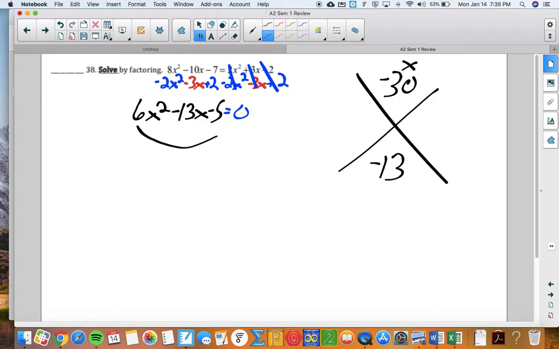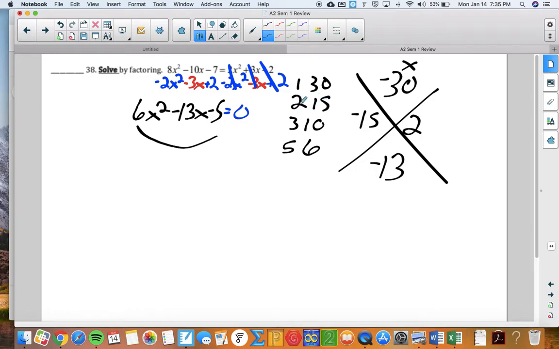to negative 13. And again, make a list of your factors if you're stuck on how to do this. A lot of people think 3 and 10 are the right combo, but it's not. It's actually negative 15 and positive 2. When I was playing with the 3 and the 10, I couldn't make that work.